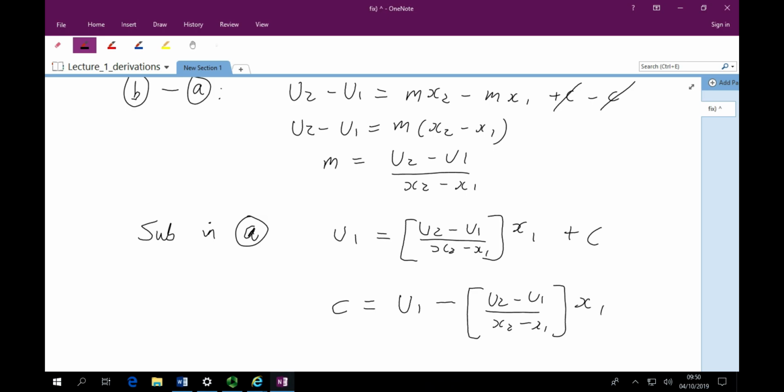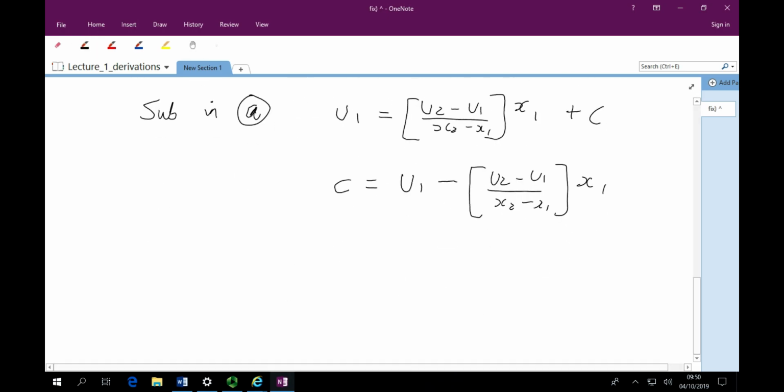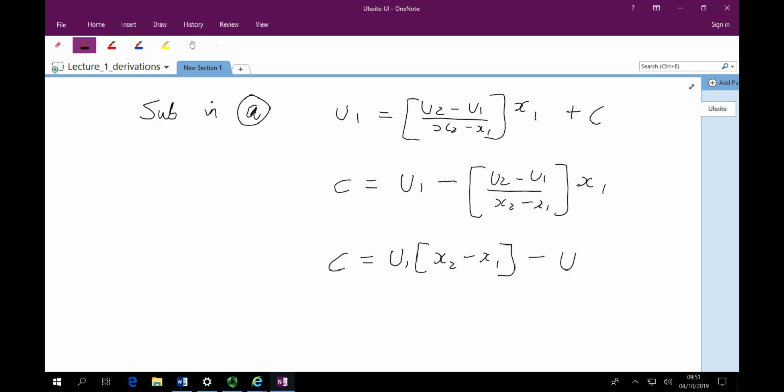u2 minus u1 over x2 minus x1, times x1. Okay, so the next step is to get a common denominator for both those expressions, just so we can re-express both terms in the equation in a nice form. So we have u1 (x2 minus x1) here, minus (u2 minus u1) x1, and now everything is over x2 minus x1.